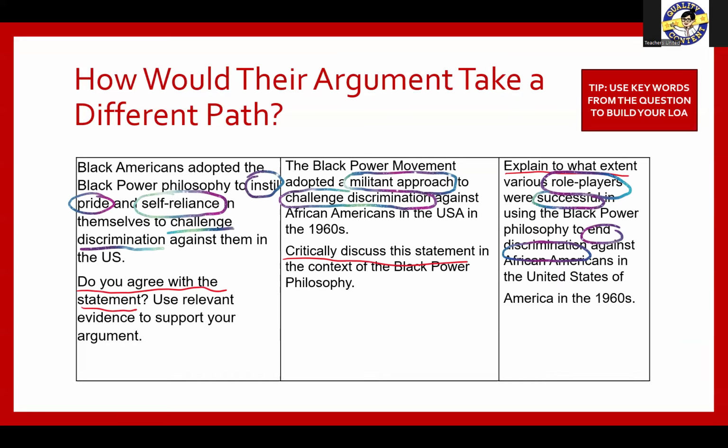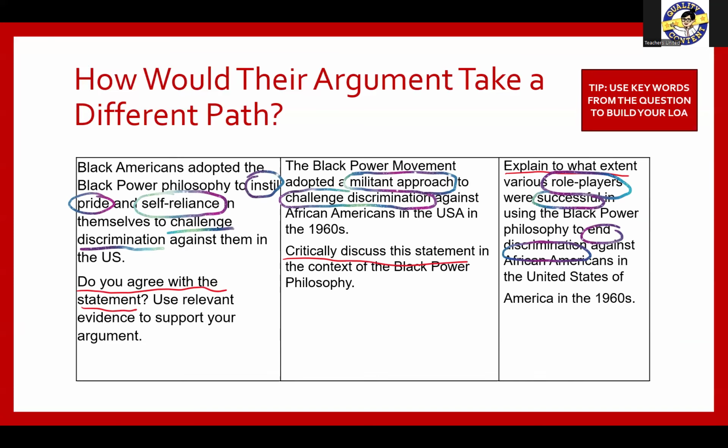So when we get to our paragraphs, for example, with the first question, we're going to speak about instilling pride, instilling self-reliance, and challenging discrimination. When we speak about the second one, our focus is going to change. We're not going to speak about the pride and self-reliance. We're going to speak about the militant approach that was used and how the militant approach challenged discrimination.